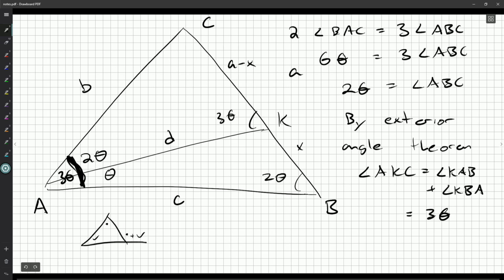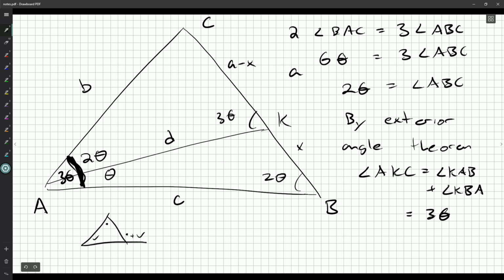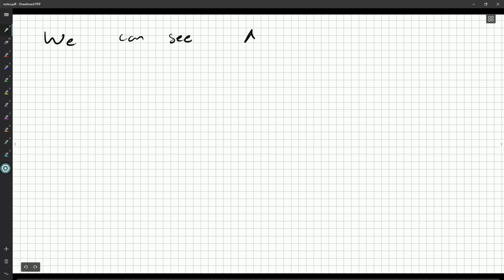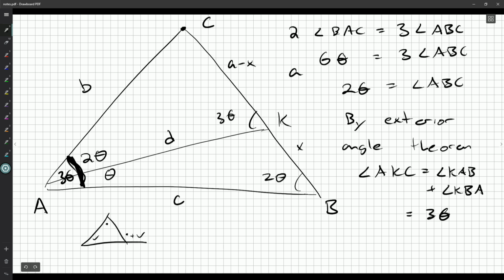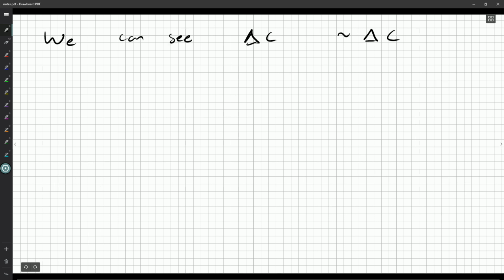So we can see they've got the C in common, so we'll write that one first. Triangle CBA is similar to triangle CAK, and K is the one with the 3 theta, which is A on the big triangle.